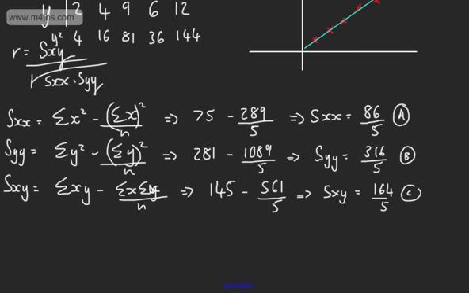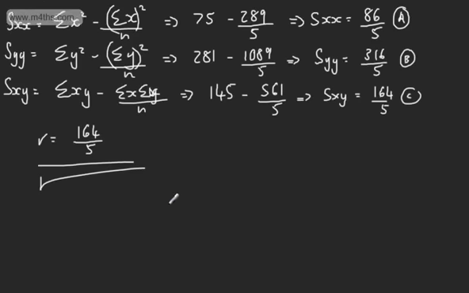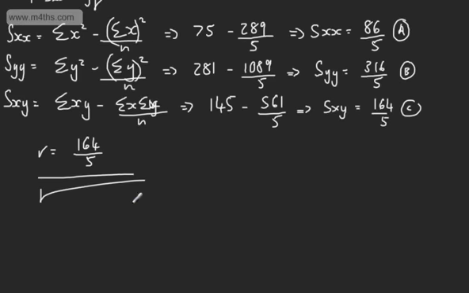So what we're going to do is work out this right here. R will be equal to 164 over 5, divided by the square root of these two multiplied. So we're expecting a value very, very close to 1.